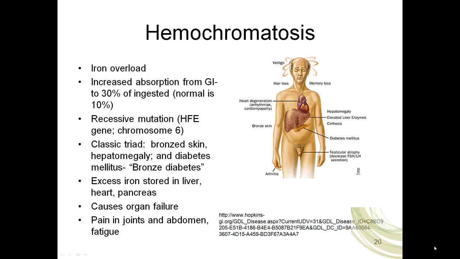We're going to see arrhythmias present. But the person also presents with pain in joints and their abdomen, and they have chronic fatigue, and they oftentimes complain of vertigo. Again, it's from all cells of the body accumulating this iron and the tissue starting to degenerate.